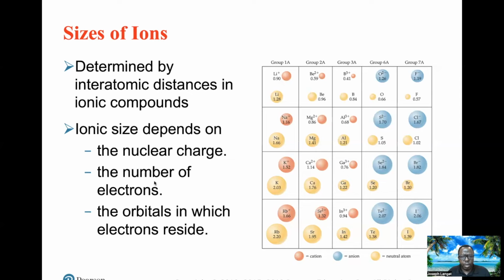If we remove an electron from a parent atom, the nuclear charge stays constant, still the same, but we have fewer electrons, which means there will be a stronger nuclear pull on those remaining electrons towards the nucleus, therefore shrinking the size of the cation. Likewise, for adding electrons, the nucleus will be overpowered by the extra negatively charged particle, the electron, making it larger.